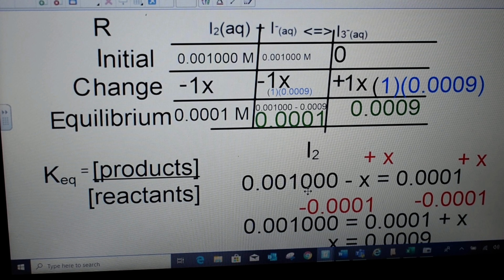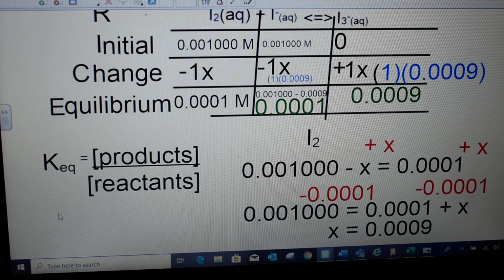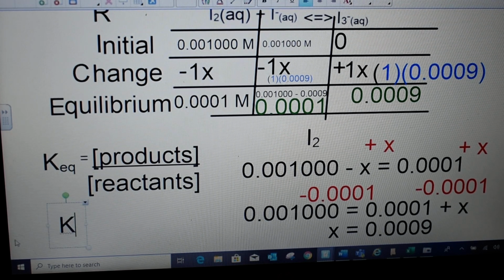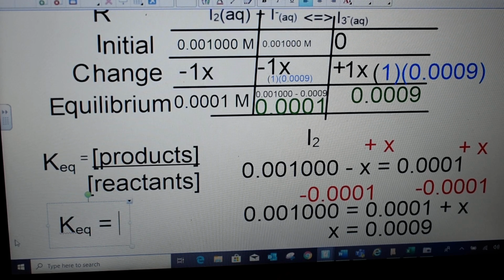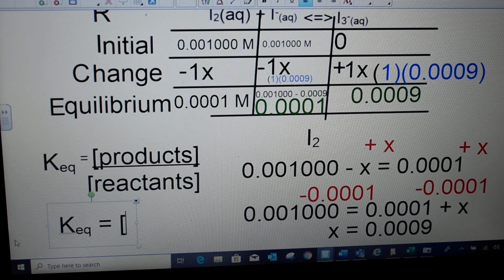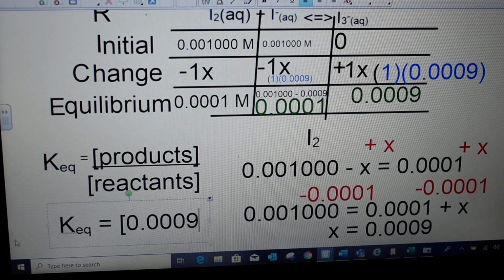Okay, then the last step is easy peasy. We have equilibrium concentrations of our two reactants and our product. And so you guessed it, we're going to fill it in over here with our KEQ. So I'm going to have KEQ, and then my concentration of my products at equilibrium, which is 0.0009.